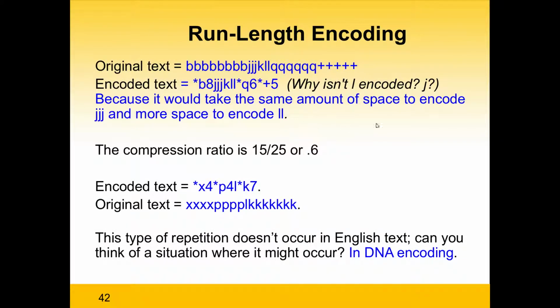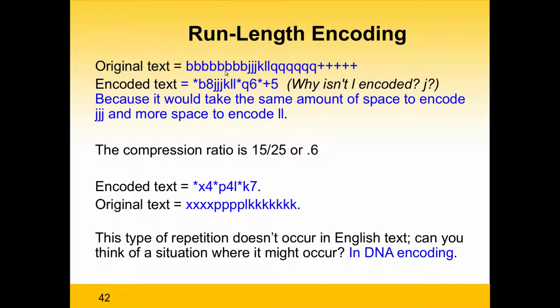Because it will take the same amount of space to encode the J, J, J, or more space to encode the double L. Basically it will be star J 3, which takes the same amount of space as J, J, J. So it's only worth it when it's 4 or more characters, I should say.